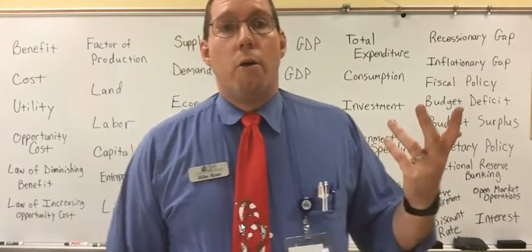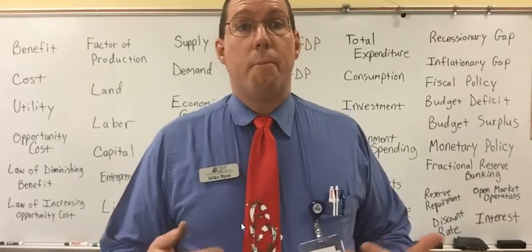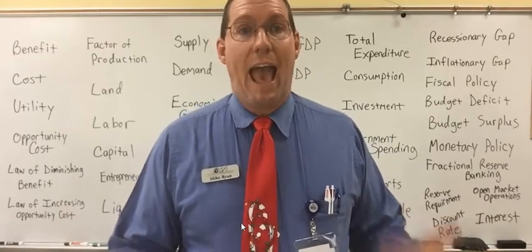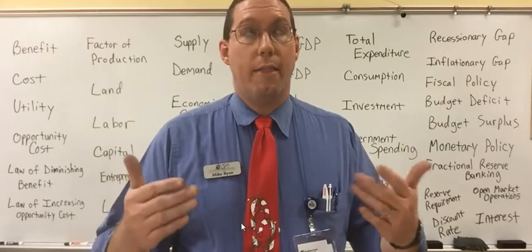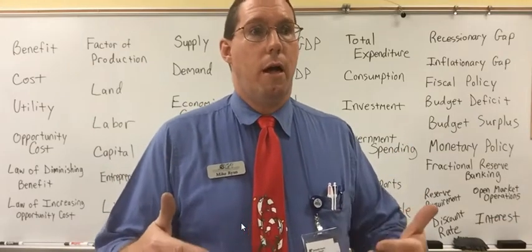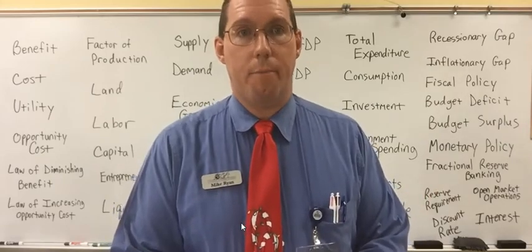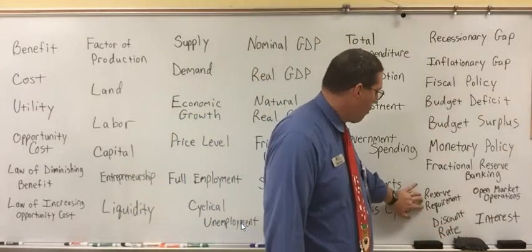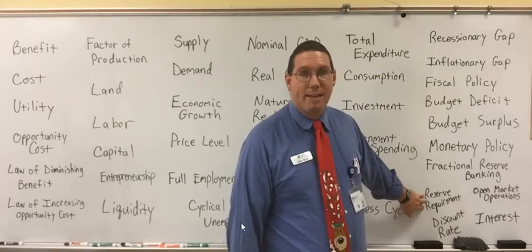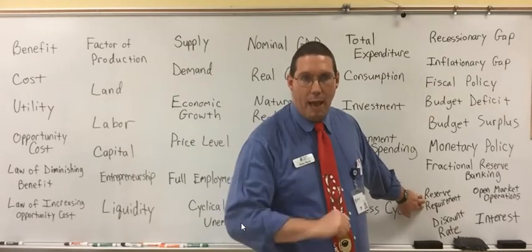So the reserve requirement is simply the amount of money that banks have to keep in their possession in case depositors want to come back and get that money. Okay, so it's the small amount of deposits that banks have to keep on hand and not loan out.